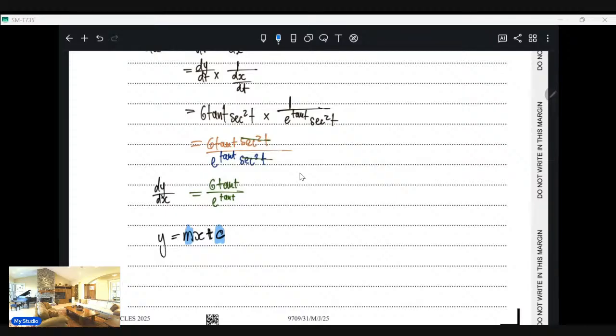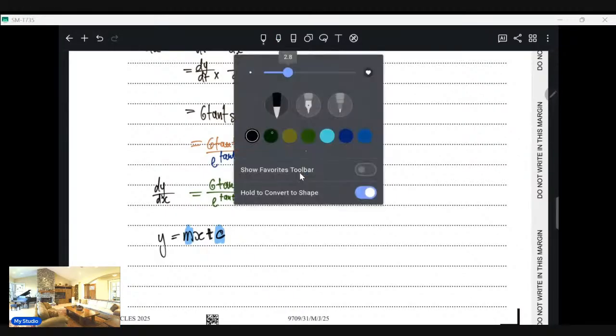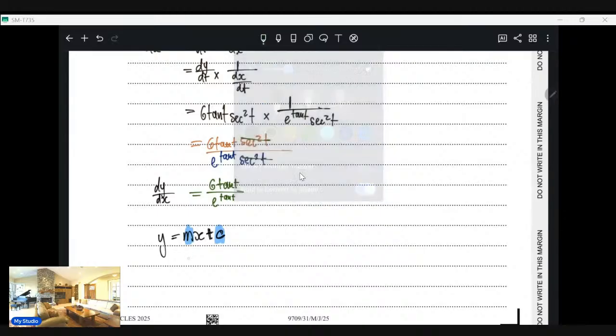Here we want the equation of the tangent, but we must know m. So m is equal to dy/dx. M is the gradient, which is dy/dx, but it is dy/dx at the point that you're told.